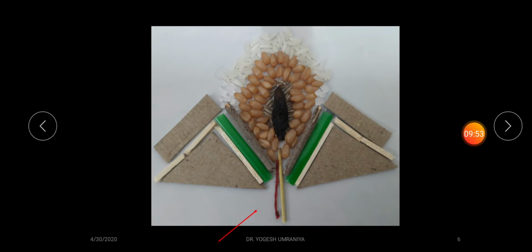So next one, that is the green structure we have already discussed, the periodontal ligament, okay. Its function is the attachment of the tooth with the socket or the alveolar bone.